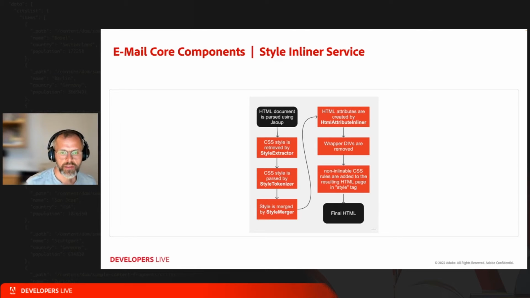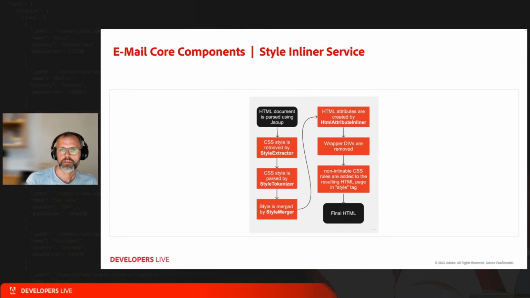And after you have the style tokens, you can then merge them with the style merger. The style merger, for example, also takes already existing style attributes and then merges them together with the external styles which you have defined in your client library.